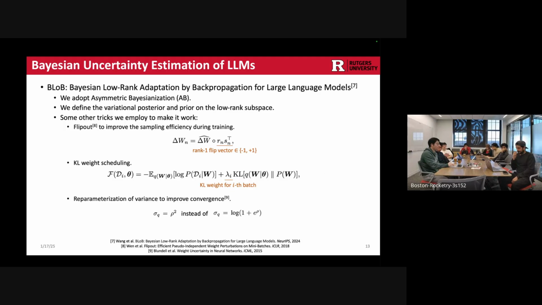If you do a naive non-negative reparameterization here, you will not have a very good convergence speed. So we need some extra tricks here so that you can do efficient adaptation. But as you can see, it's a lot of effort to make this whole block work.